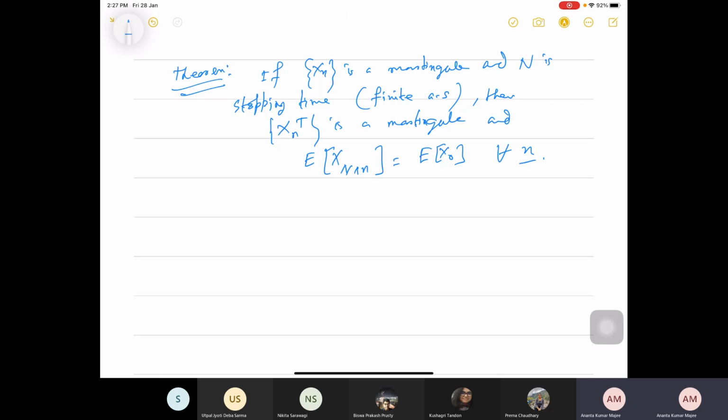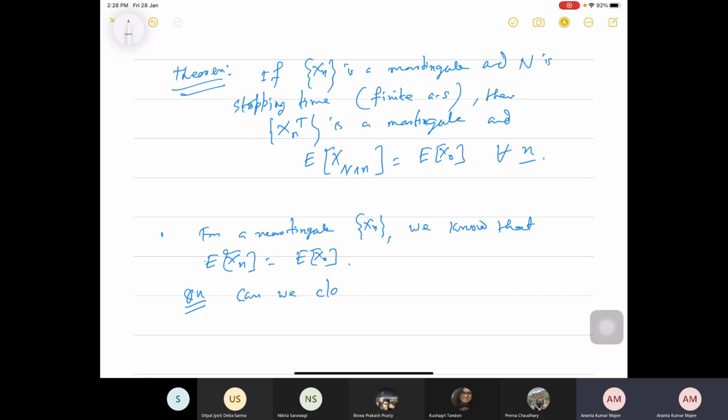That means, if T is my stopping time, can we say that the expectation of X_T is equal to the expectation of X_0, for a martingale X_n?